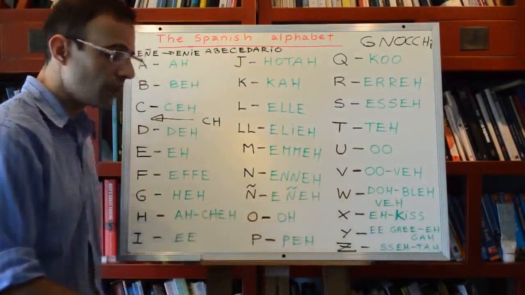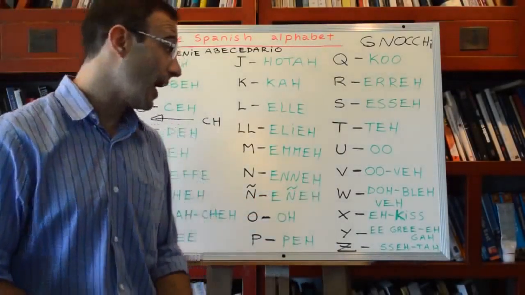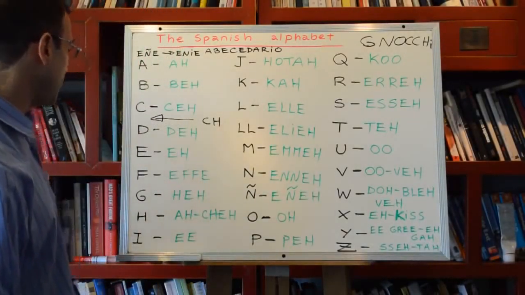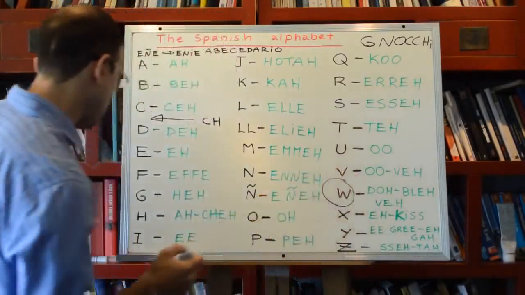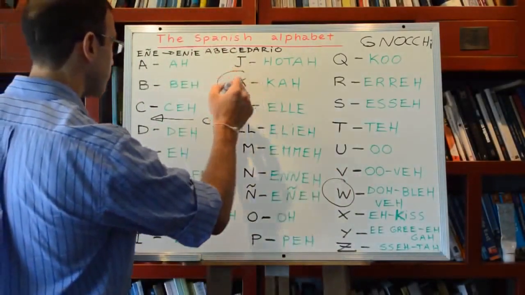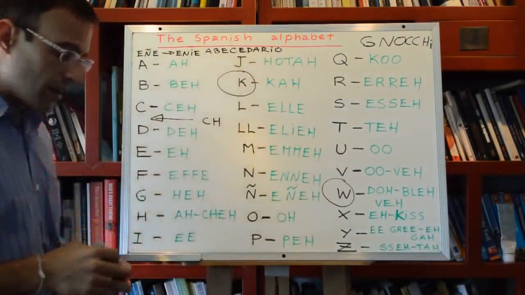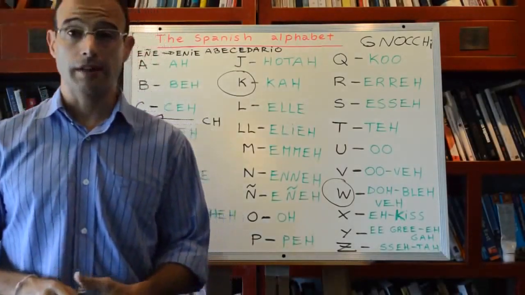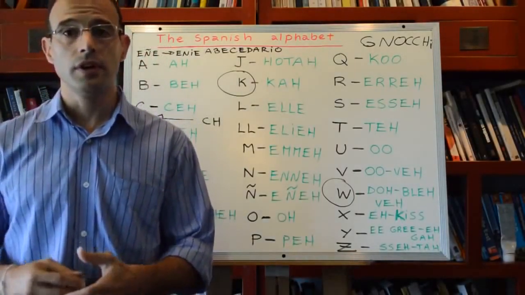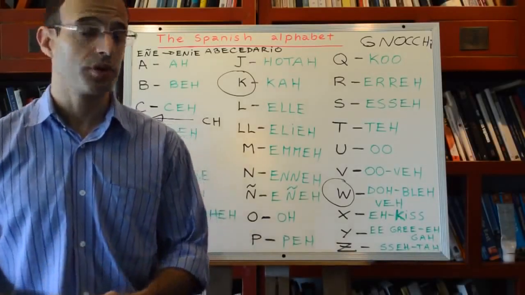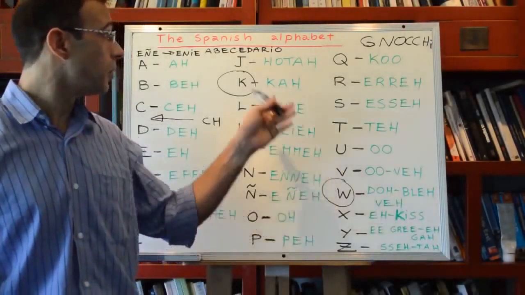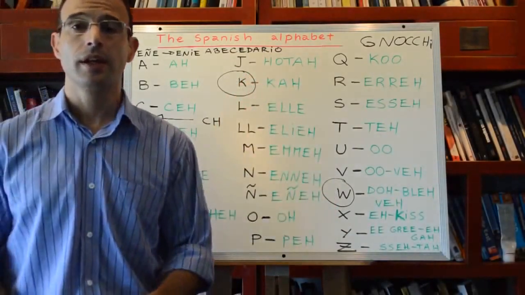Letter W in Spanish and letter K here are controversial letters from our alphabet because there is no original Spanish word with W or with K, okay?